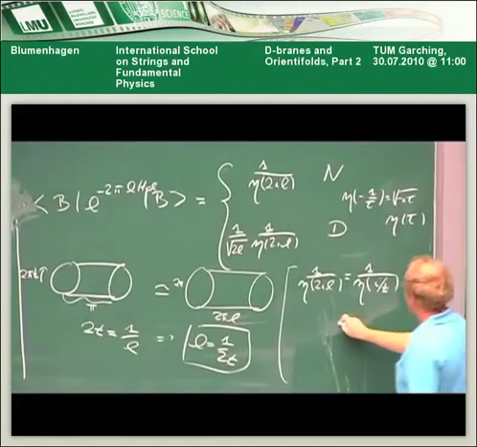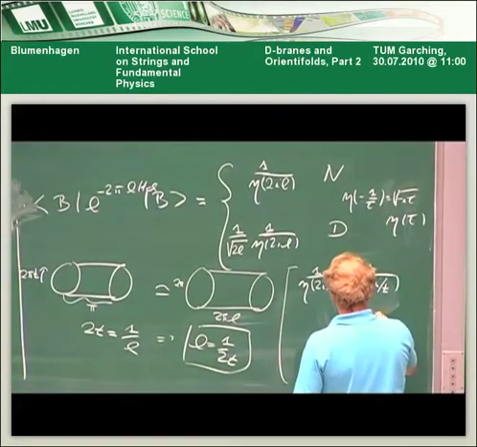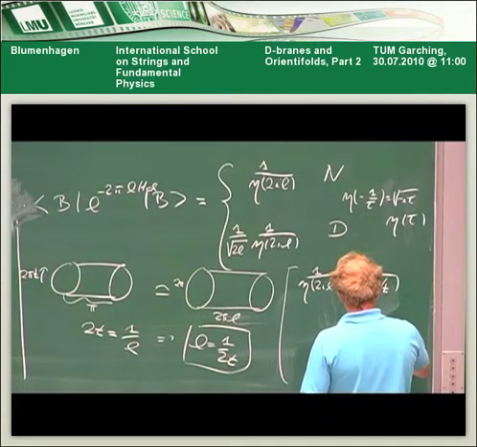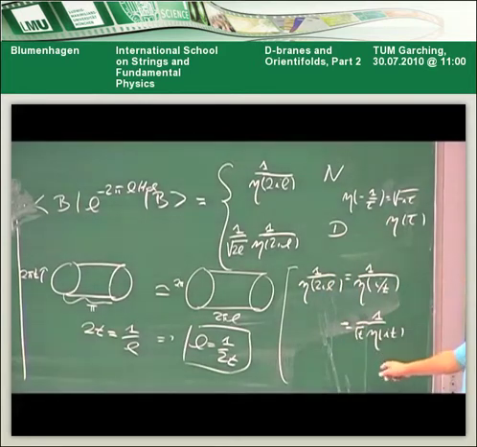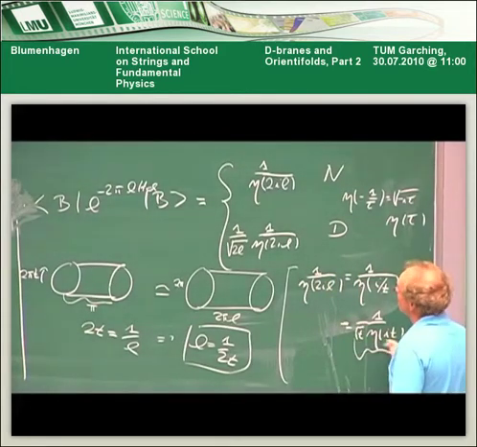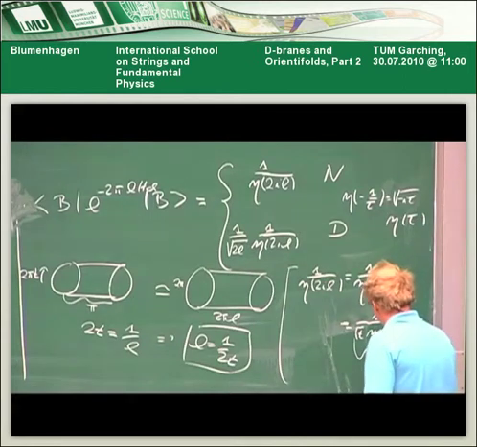This lets us write this as precisely 1 over eta of it times the square root of t. And this is precisely the result we already computed in the open string channel.